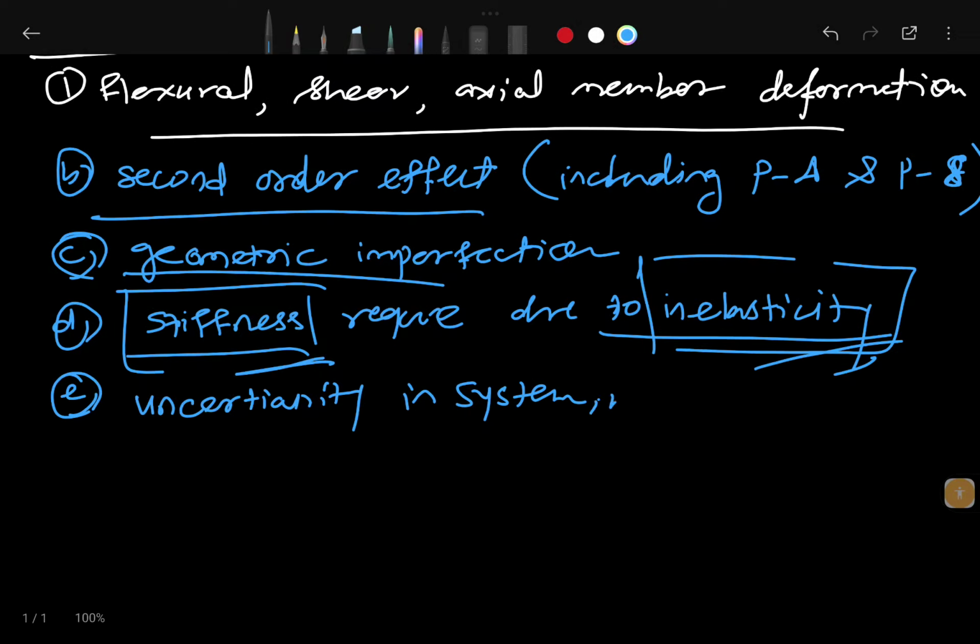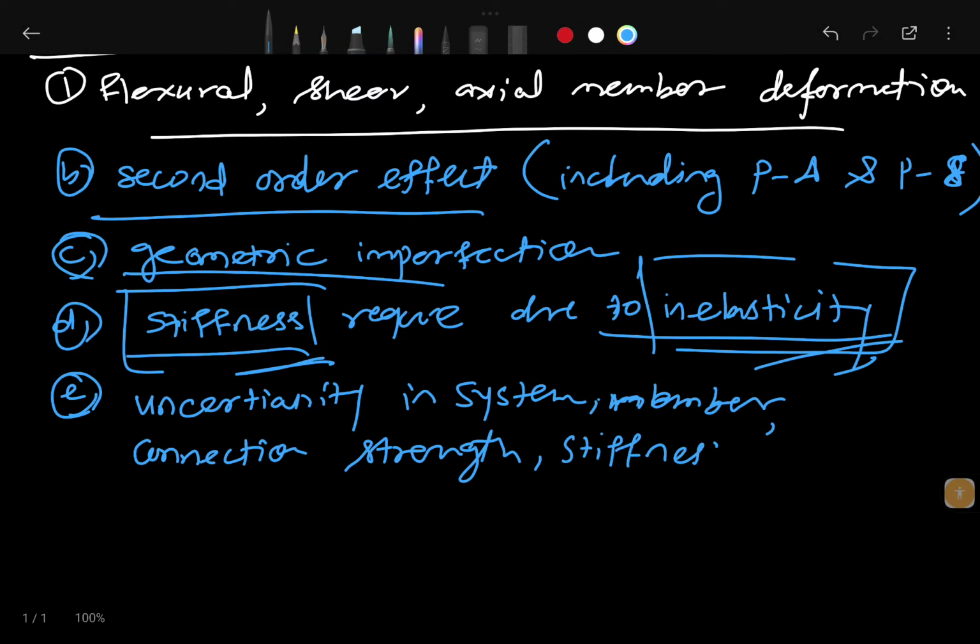The member we have chosen, and the connection strength and stiffness. So these uncertainties we consider when we design for the general stability of the structure.